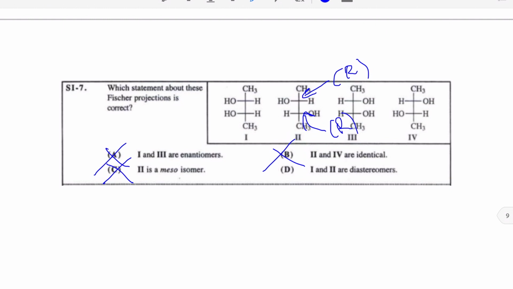And in addition, there is no mirror plane of symmetry that runs down this molecule either. In meso compounds, there's always a mirror plane of symmetry between the two opposing R and S configurations for the stereocenters, but even that is not present. So we can rule out C as an answer.